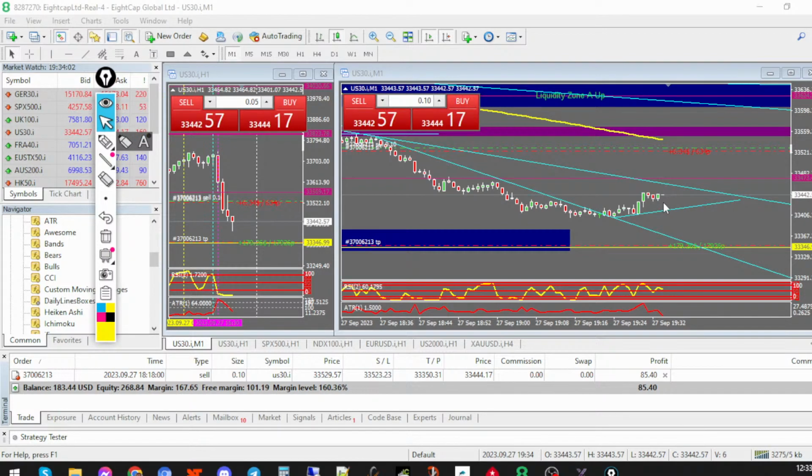I'm just going to wait a little bit longer. Just going to allow, maybe let it bounce off this trend line. Let's see if this trend line is going to push the price back down. If it breaks this trend line, no. That means possibly bigger correction. I don't want to be in the price when it's making a bigger correction.